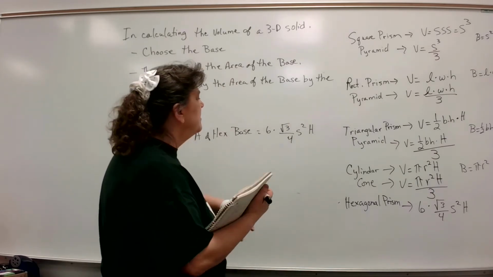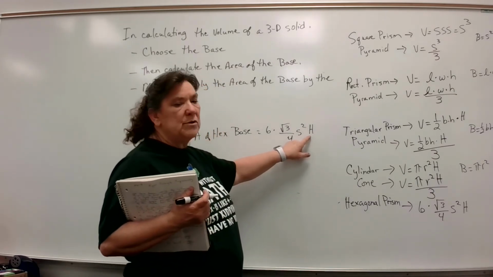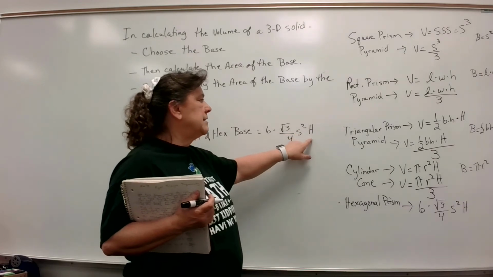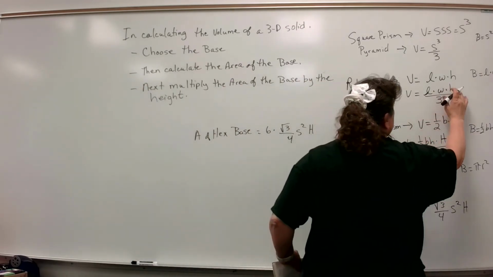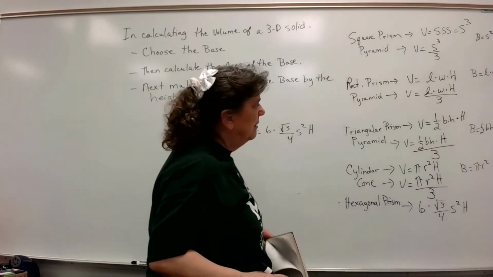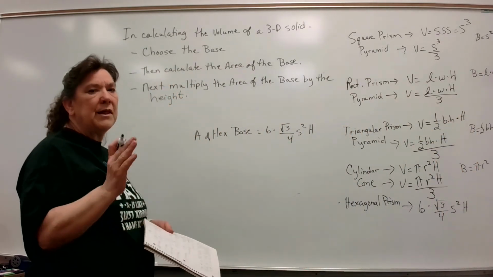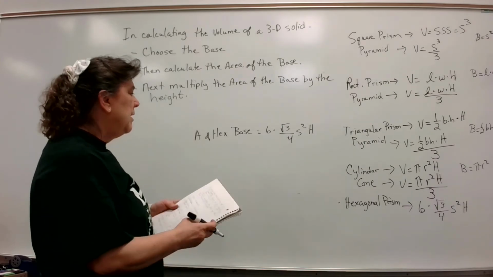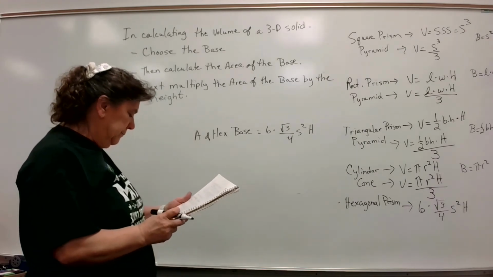And notice I'm using a capital H on most of these for the height of my prism. And I could have done the same here, just turn them into capital letters. Okay? So that you know that that height is the height of the whole 3D shape.